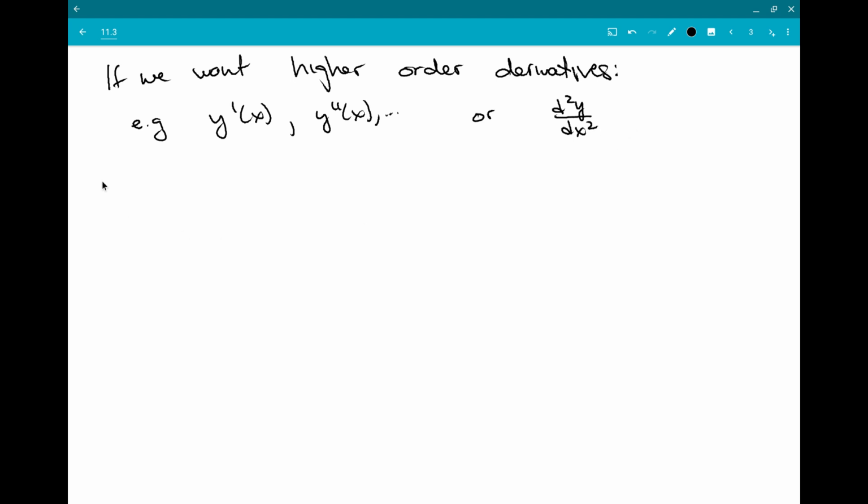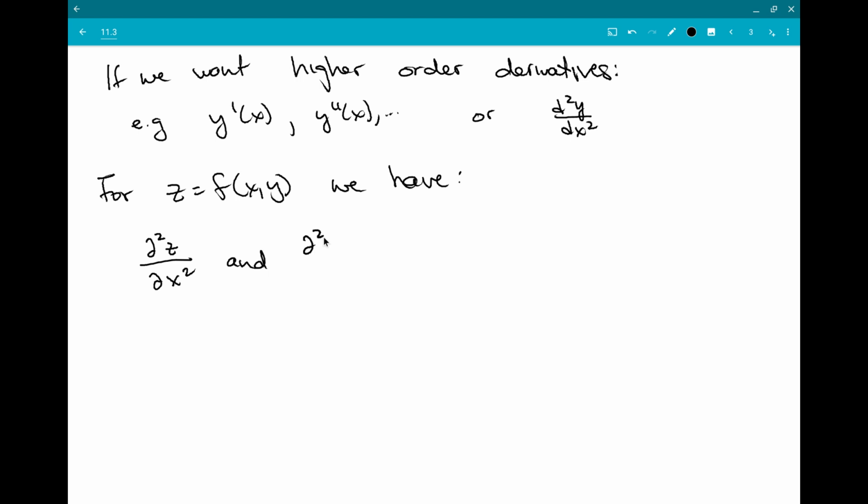Now, for our z equal to f of x, y, we're going to have d2z over dx squared and d2z over dy squared, second derivatives like you're used to.